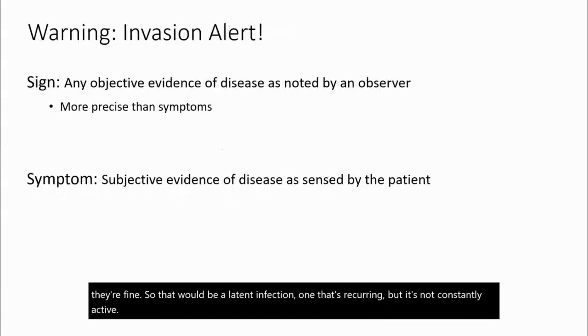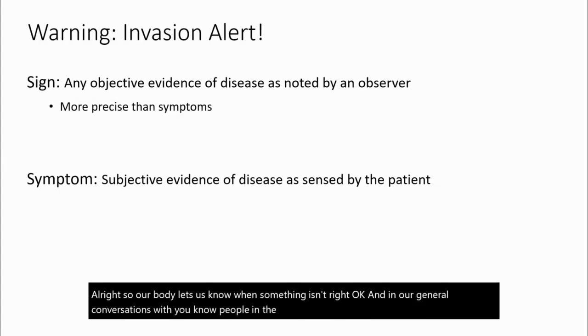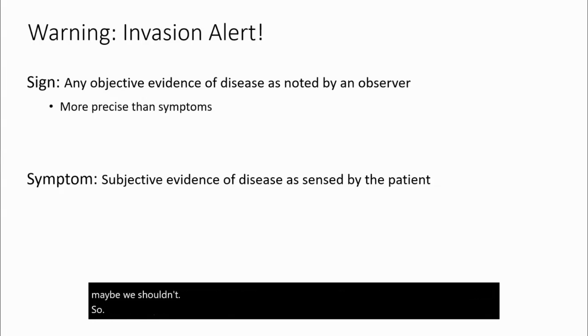All right, so our body lets us know when something isn't right, okay? And in our general conversations with people in the general public, we tend to use the term symptom even when maybe we shouldn't. So we actually want to characterize the things we experience as either a sign or a symptom.